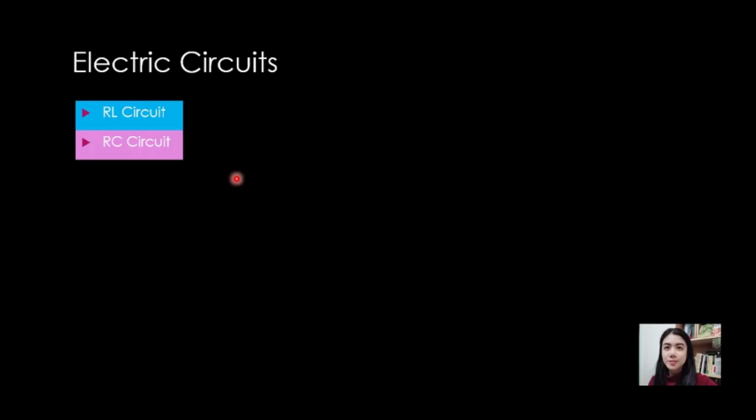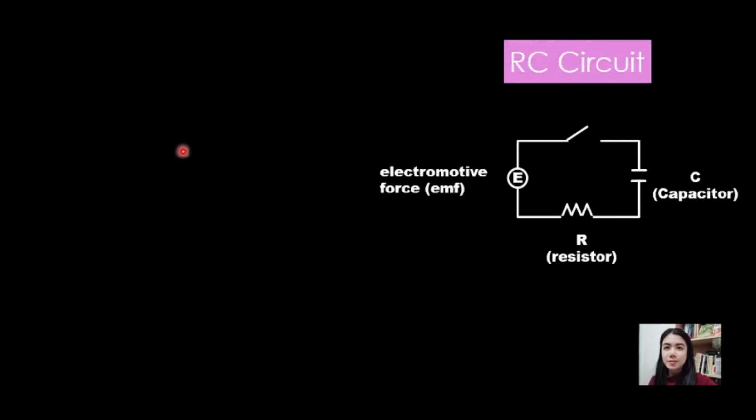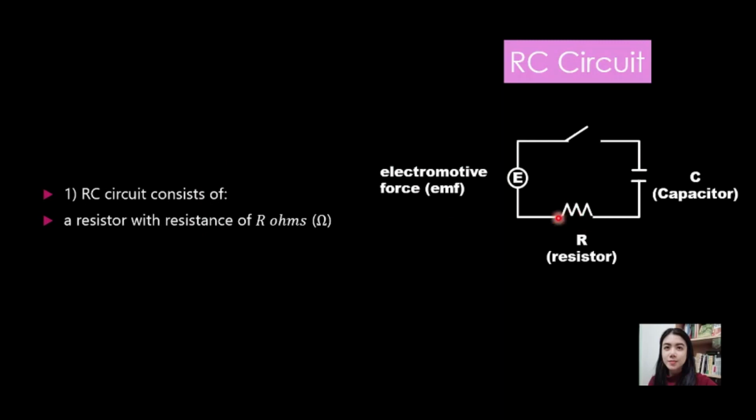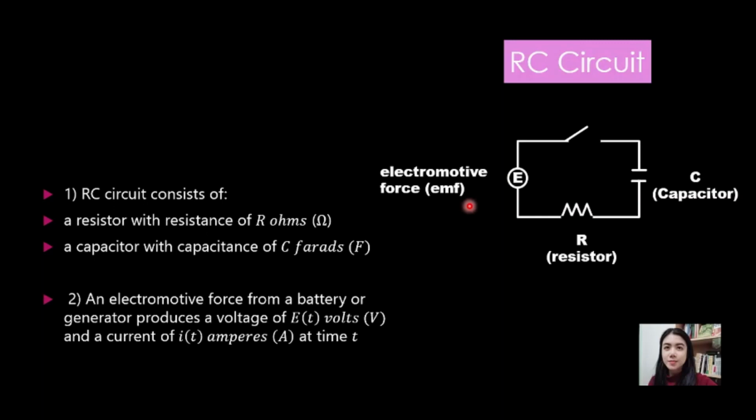Now we come to the second electric circuit, the RC circuit. The RC circuit consists of a resistor with resistance of R ohms, a capacitor with capacitance of C farads, and an electromotive force.